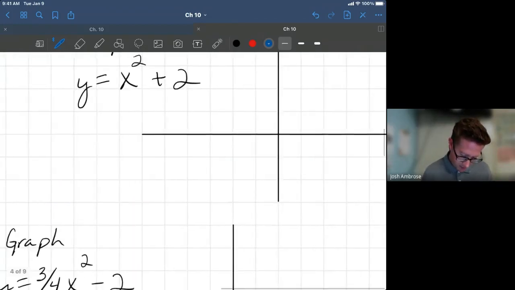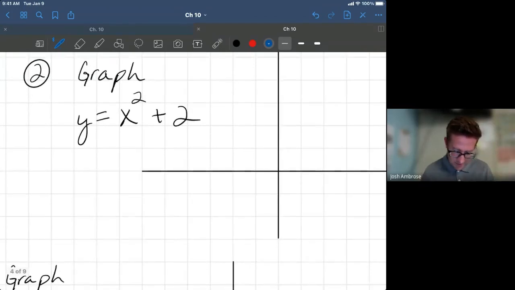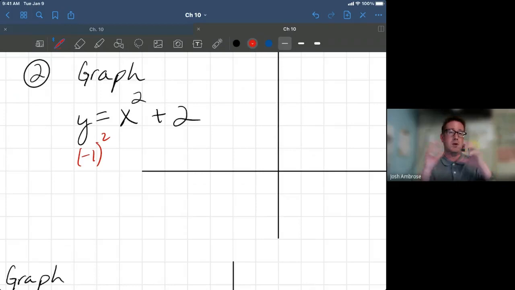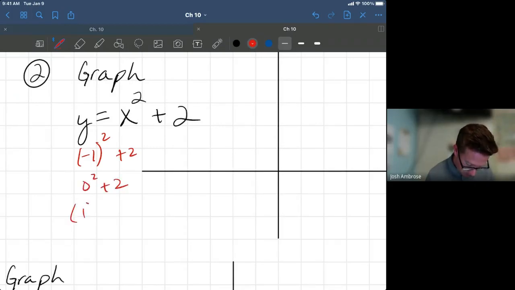All right. Next one. Plugging in those same values of -1, 0, and +1. So you get -1. Notice that I'm putting it into parentheses. You should do the same thing. It's a good habit to get into, just so that you understand it's that whole value, -1, the whole value squared, +2, 0 squared, +2, and 1 squared, +2.